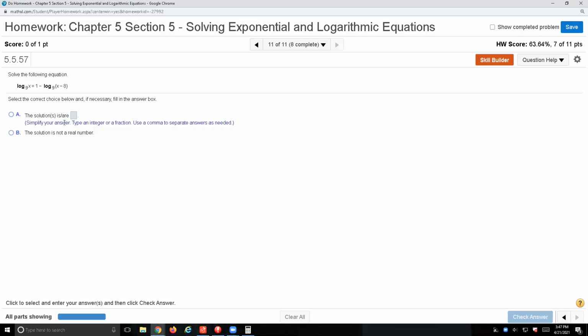And number 11. Log base 9 of x is equal to 1 minus log base 9 of x minus 8.